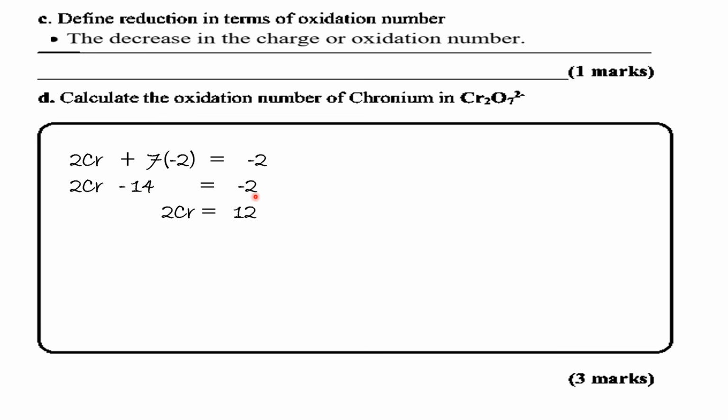Minus 14 taken to this side becomes 12. Dividing both sides by 2 gives us the oxidation number of chromium as positive 6. So the oxidation state of chromium in this polyatomic ion is positive 2, I mean positive 6. I beg your pardon.